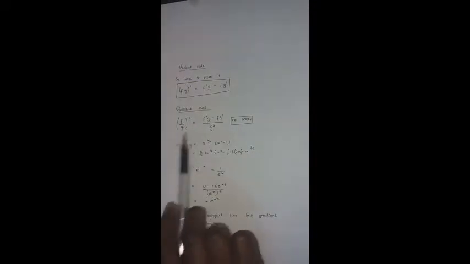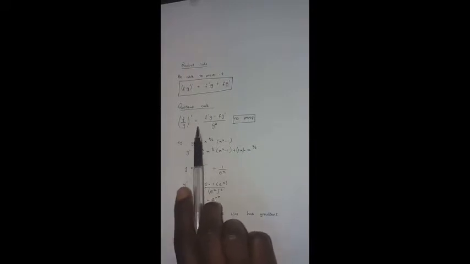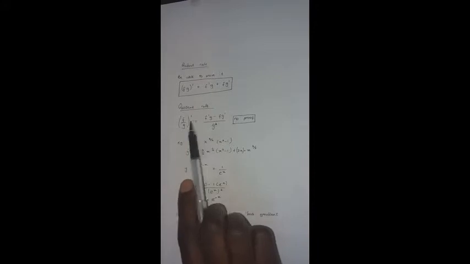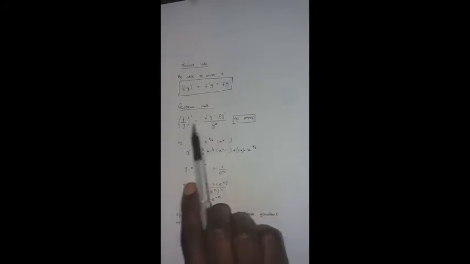Then moving on to the quotient rule. You now have your functions f and g dividing each other, and you are required to find the differential of that. So it's the differential of the numerator times the denominator, minus the numerator times the differential of the denominator, over the denominator squared.